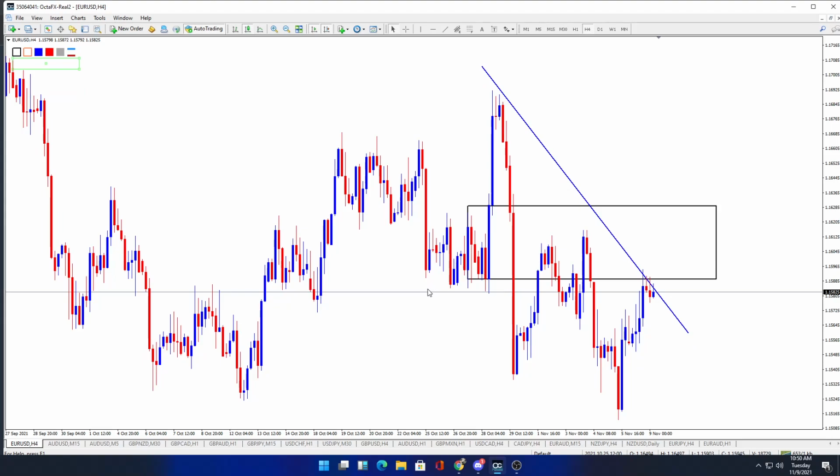So we're gonna wait for this particular price to enter the box here that I drew as a safe zone area. So we're gonna look for this to enter this one, and we will come down here.